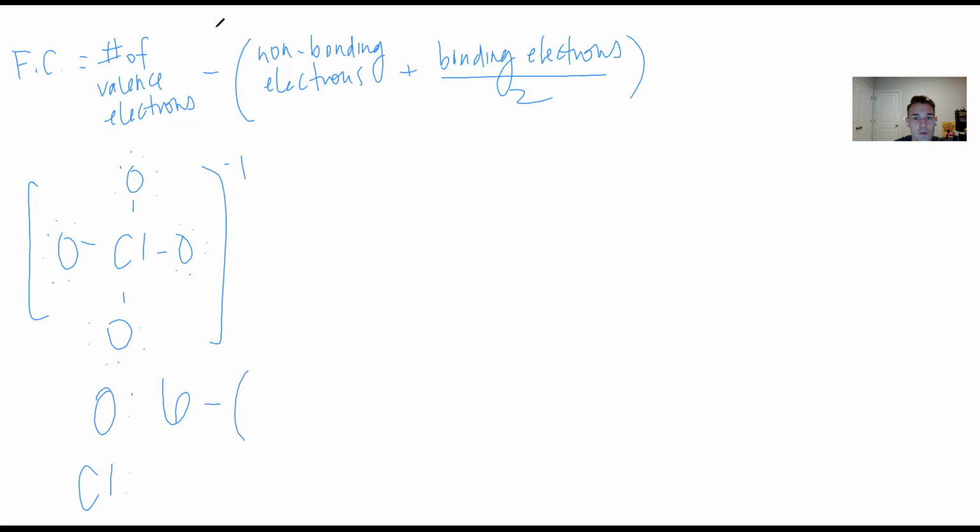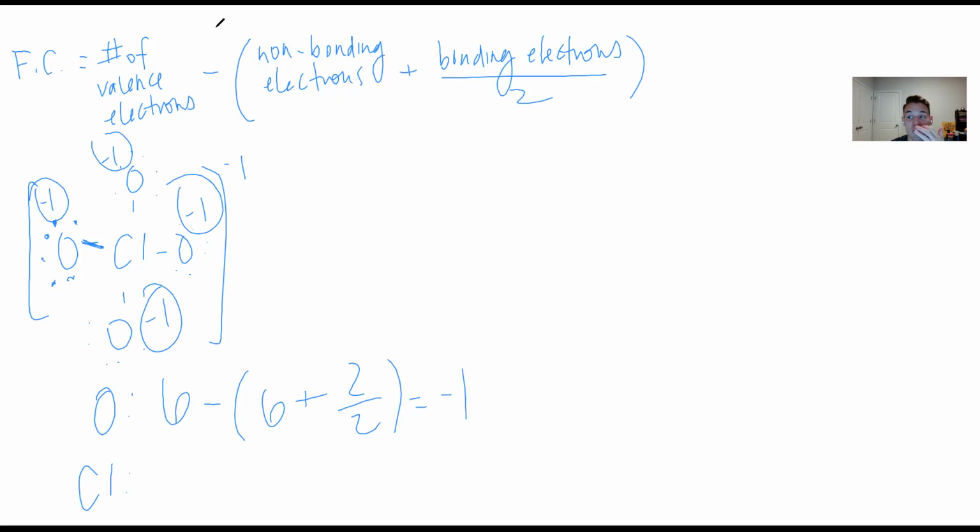From that, non-bonding electrons would be lone electrons, so 1, 2, 3, 4, 5, 6, plus bonding electrons, 2 divided by 2, which gives me -1. So this is a -1, -1, -1, -1. So far, not great, because we said we wanted as many zeros as possible.